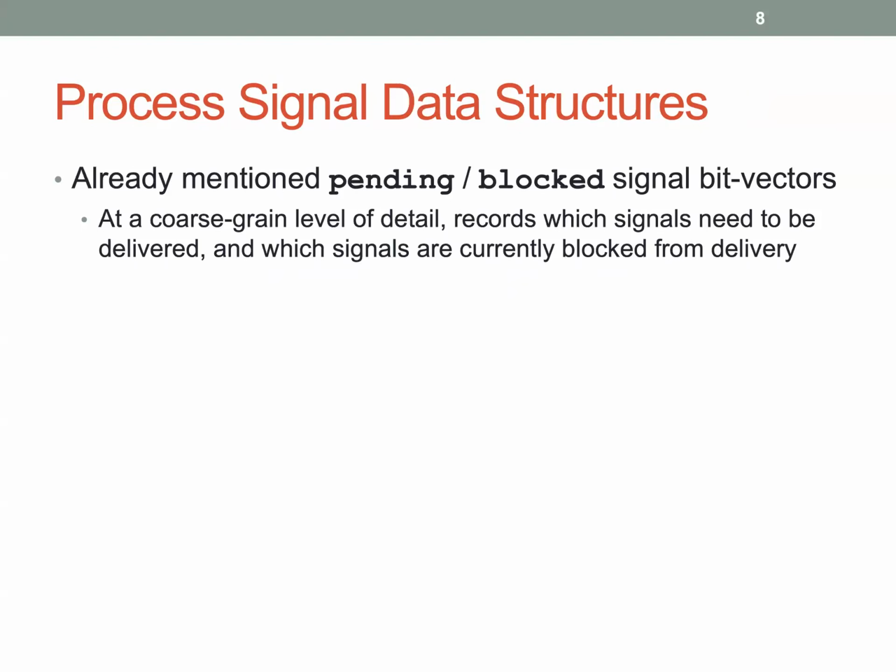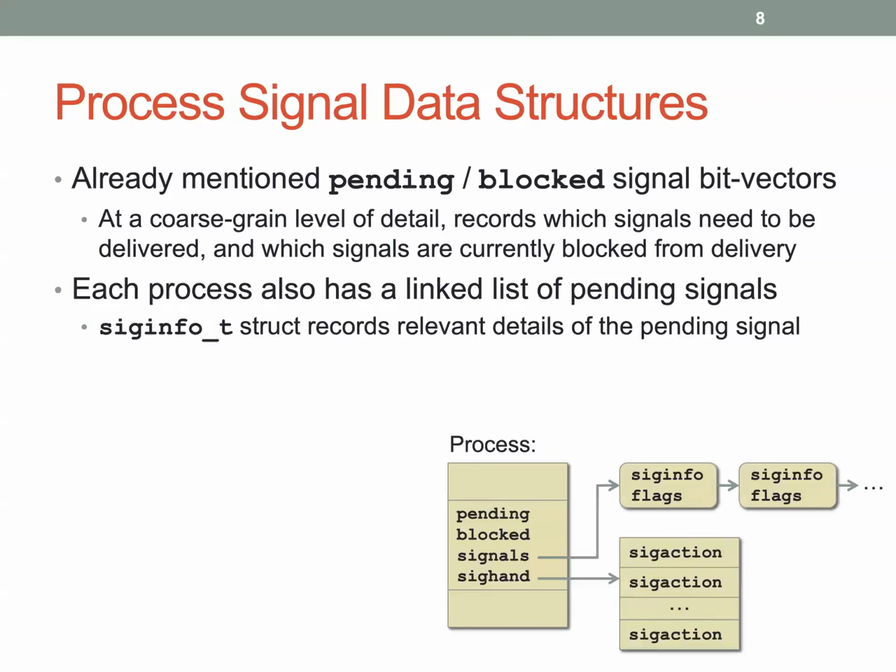So we have the pending and blocked bit vectors, which are per process. Okay, and that allows you to record that a signal is about to be delivered or that a signal is blocked from delivery. There's also a few other details which I have represented on this slide in a schematic type view, because obviously this will vary from operating system to operating system.